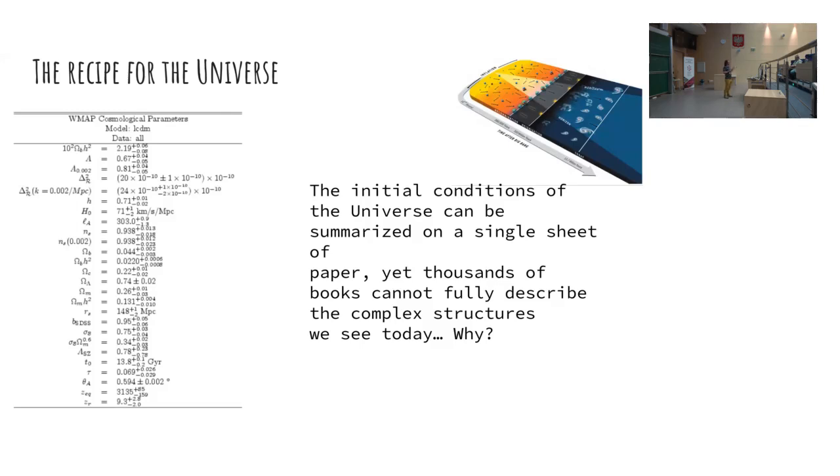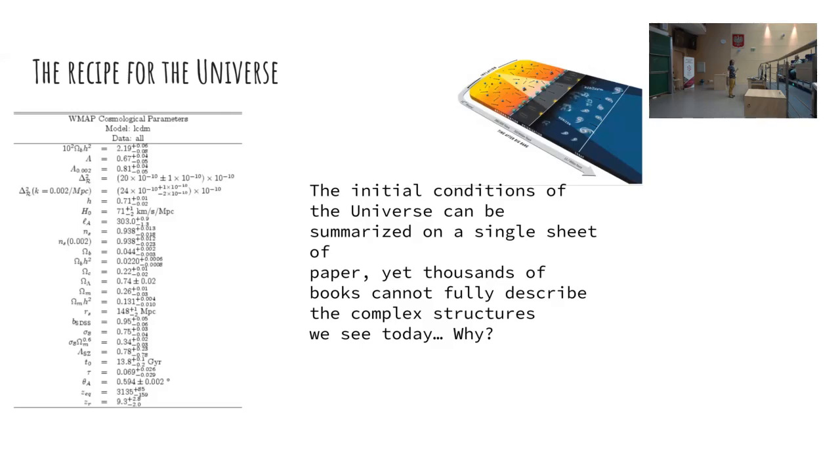But nonetheless, we have these parameters that describe the standard model, and you can easily fit them on one sheet of paper, one table. Depending on whether you want to be very conservative, you can even get away with 6 numbers. That's the classical vanilla Lambda CDM. And there are some more derived parameters if you want to be a bit more specific.